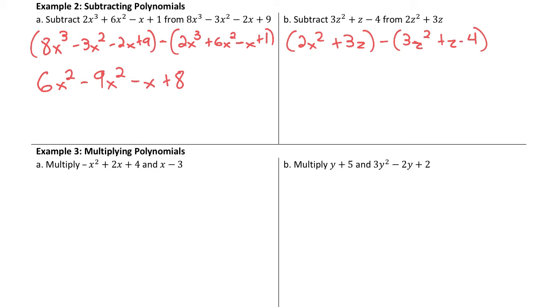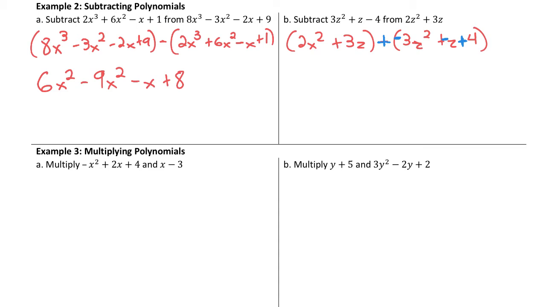So what you could do is if you have subtraction, go ahead and change this subtraction to addition, that means you change the signs of all the terms after that symbol. So this becomes negative 3z squared, negative z, and positive 4. So you can change that subtraction to addition, but you have to change all of the signs after that subtraction.